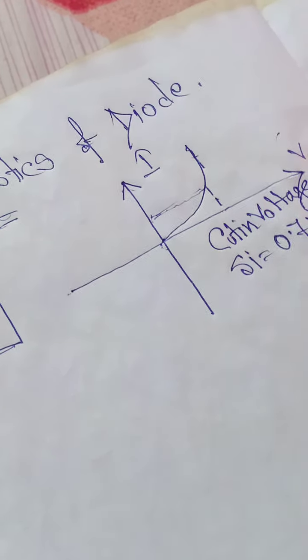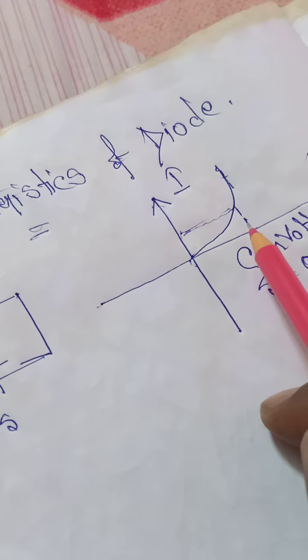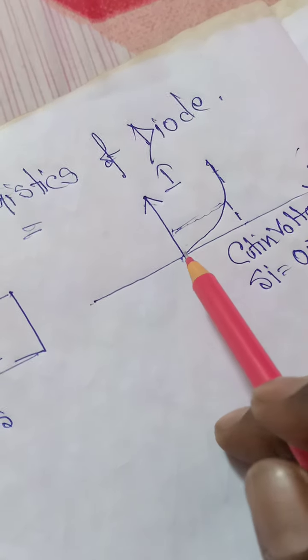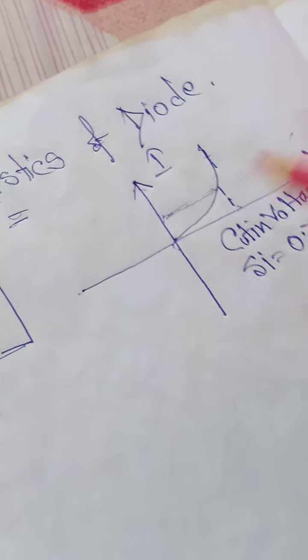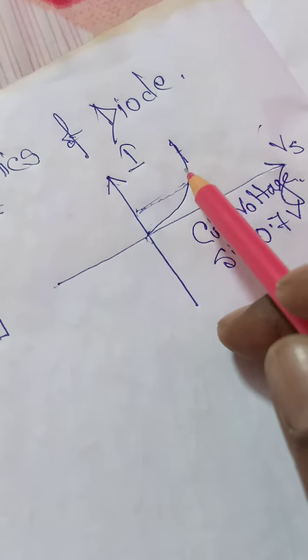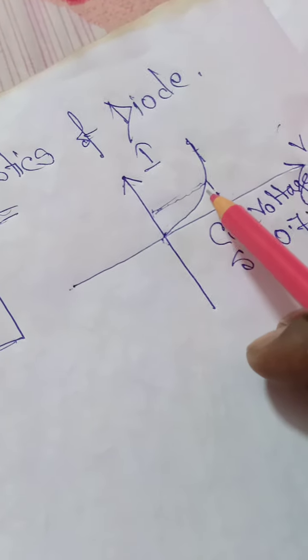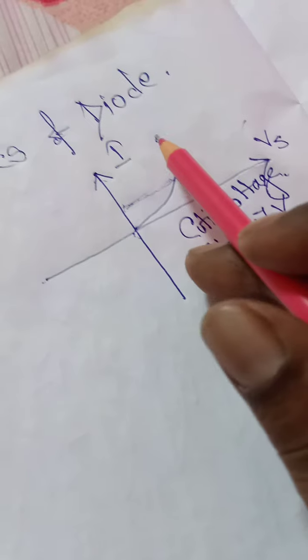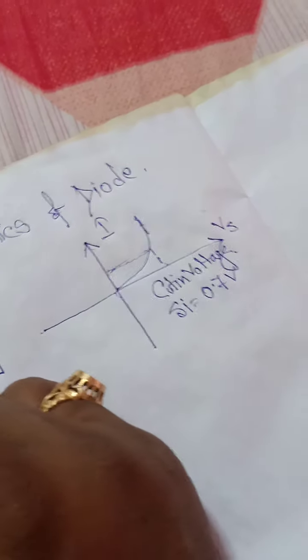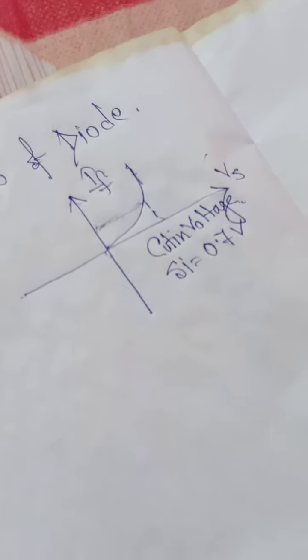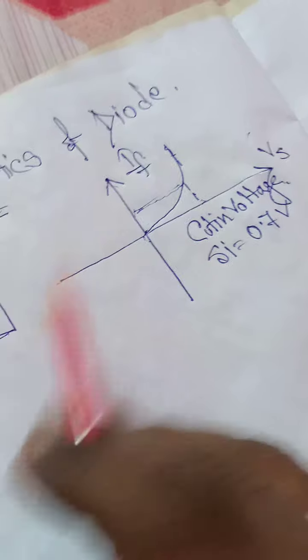From 0 to 0.7 there is a small current, but after it slightly crosses the cut-in voltage, the diode current rises rapidly. You can say that is the forward current, IF, I have written over there, right? That is, the anode is positive with respect to the cathode.